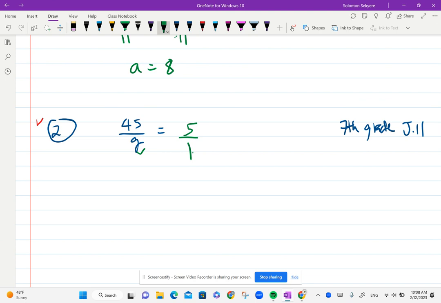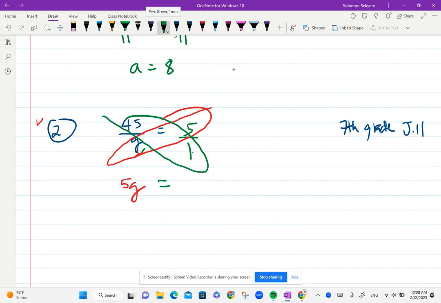I'm going to cross multiply and write the part that contains my variable first. My variable is right here, so this times this, and I write it here, 5g. I write that first, and then this is equal to 45 times 1.